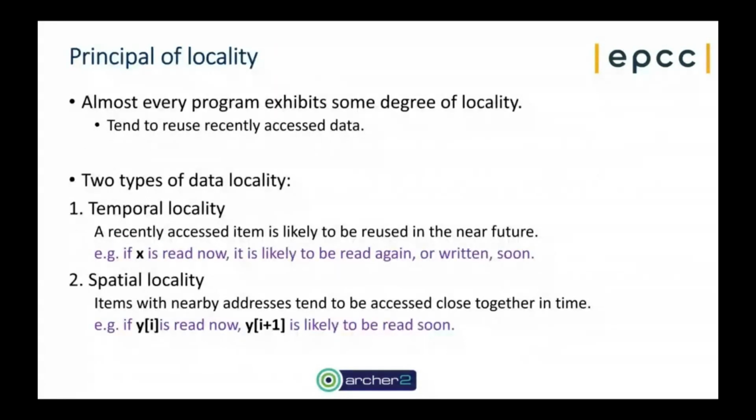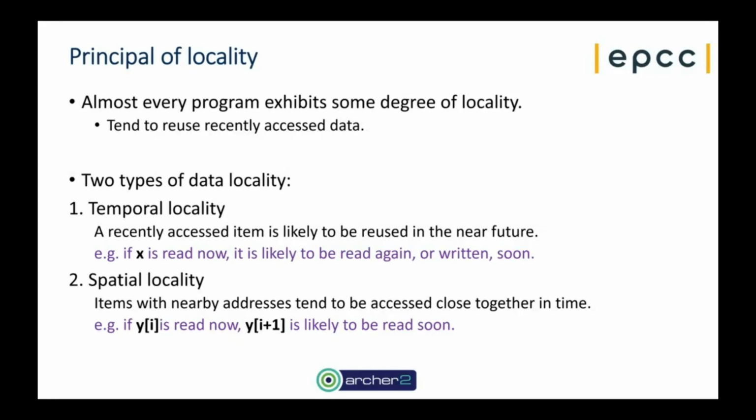And because they're already loaded in, they stay in the cache. It's likely they'll be reused because applications often reuse data multiple times once they've loaded it. And it's also likely that data that's close to it in the cache line will also be reused, so that we can exploit the fact that we load whole lines of data in there to get better performance.